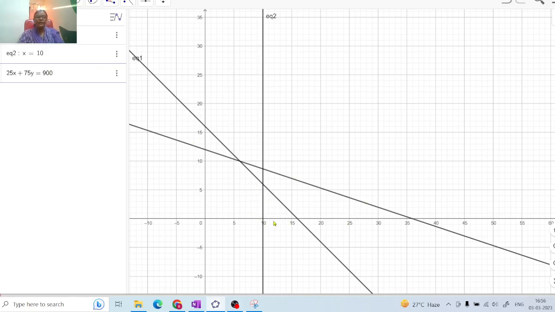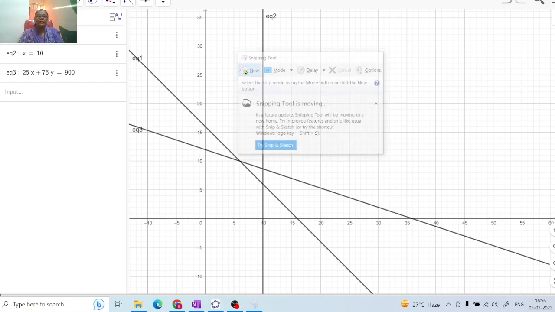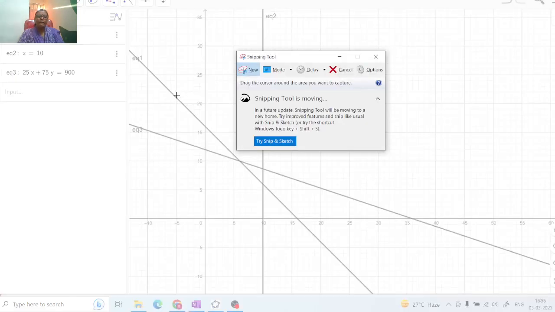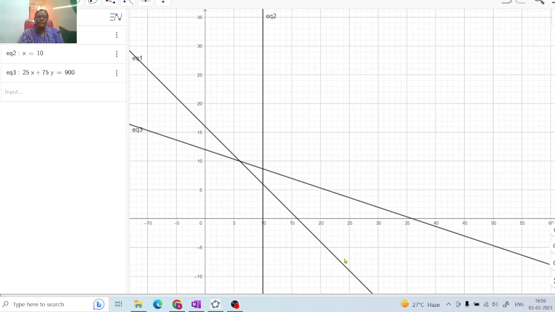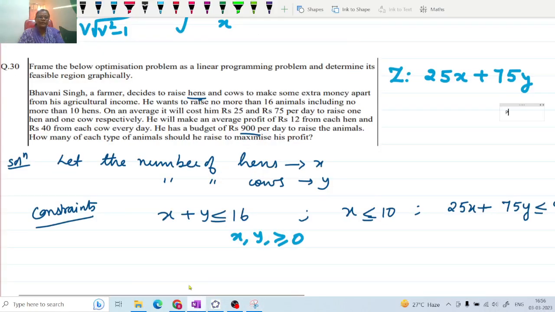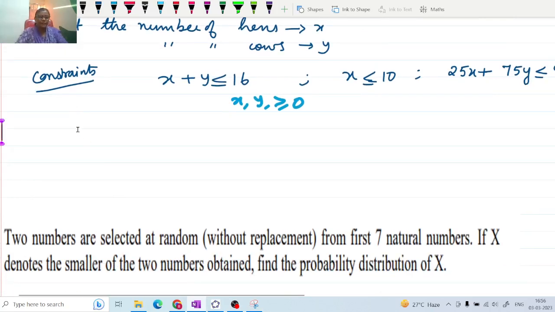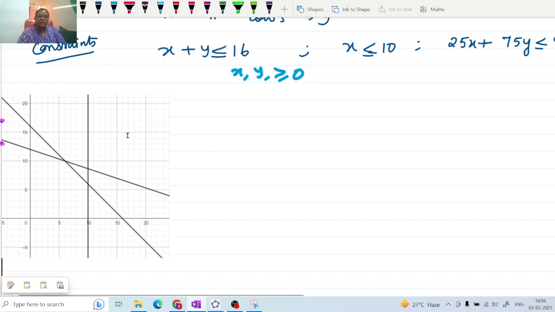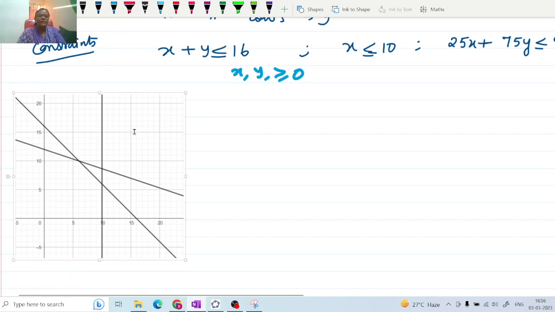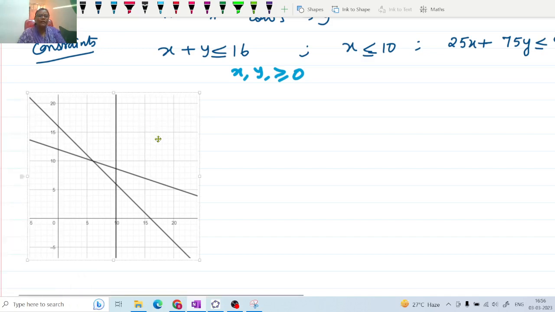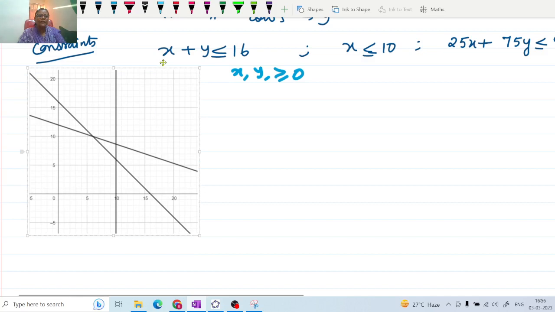Now, how do we identify the region? The first graph is x plus y less than or equal to 16. I'll just copy it in. Okay, this is the graph that we have. In this, we have to identify the region.